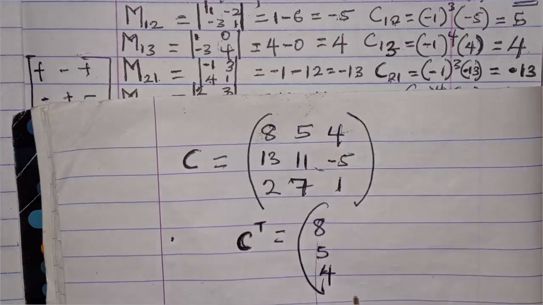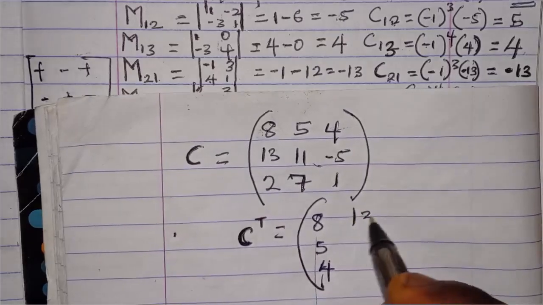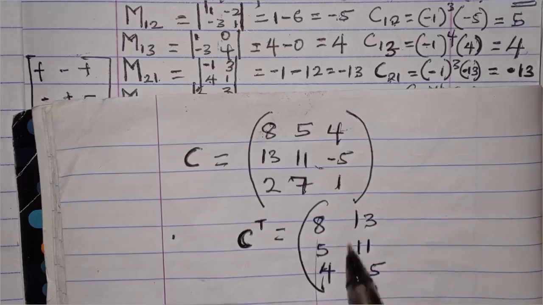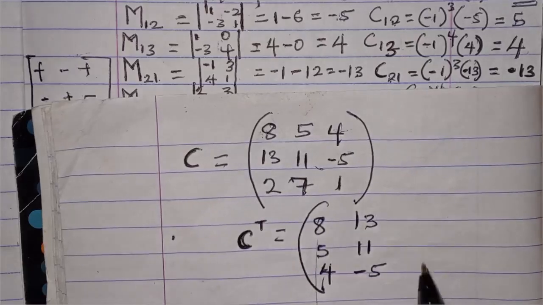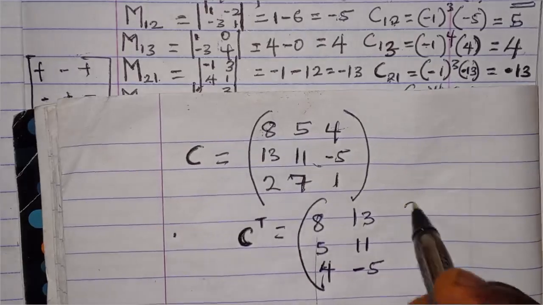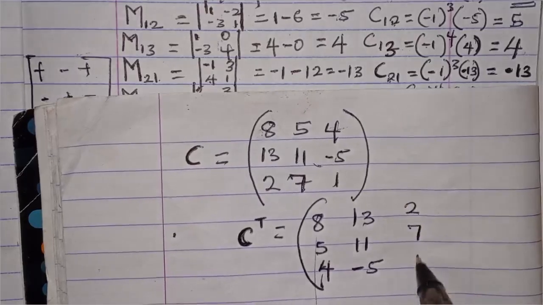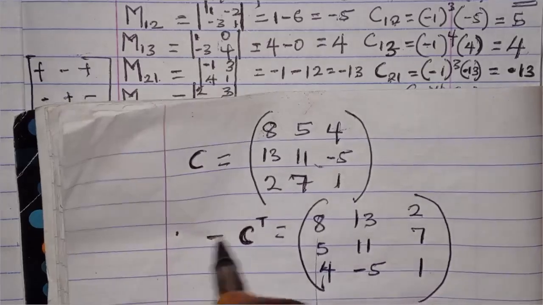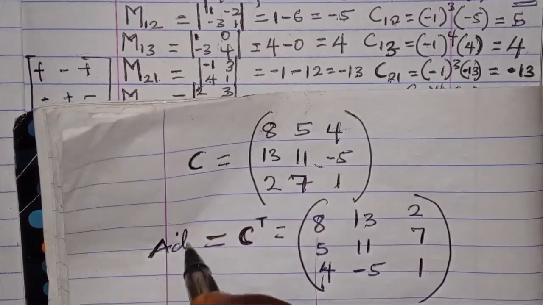This becomes the second column, 13, 11, minus 5. And this becomes the last column, 2, 7, 1. And this is the adjoint of the matrix A.